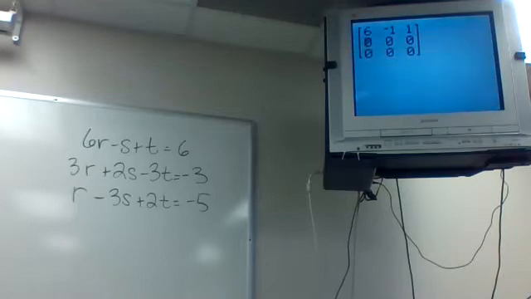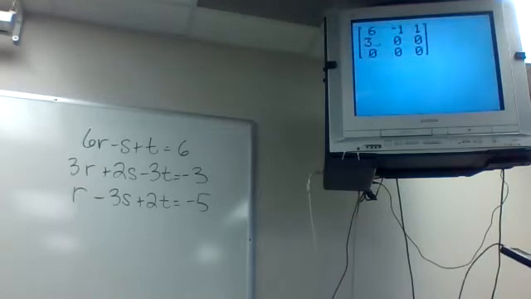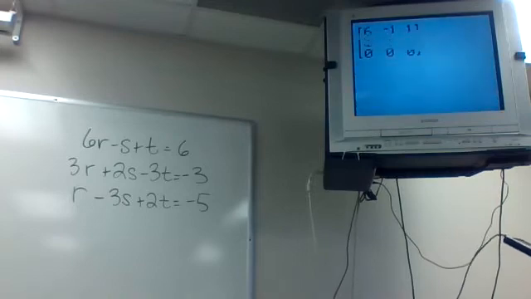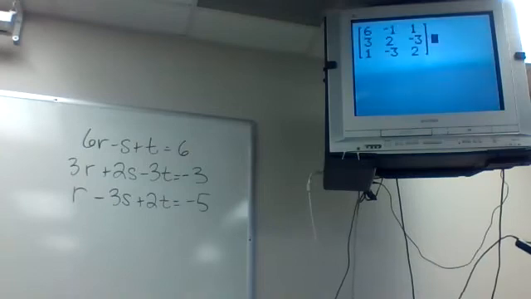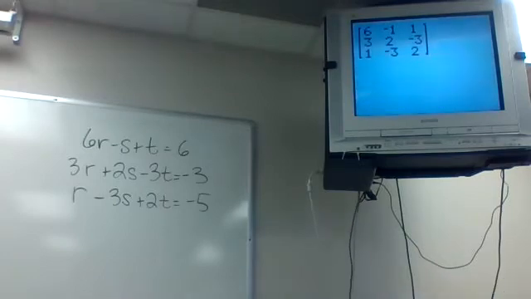Then enter your second row, 3, arrow to the right, 2, arrow to the right, -3, arrow to the right. And your last row, 1, -3, 2. Arrow to the right to get out of that matrix, and then go ahead and hit your X to the -1 button again.